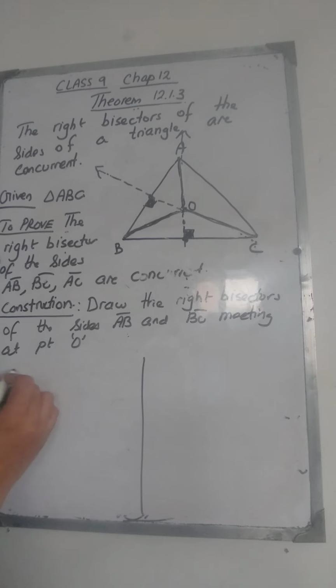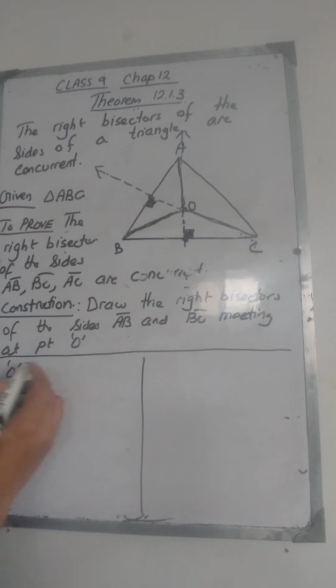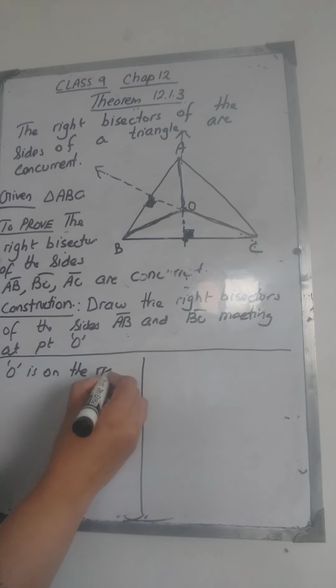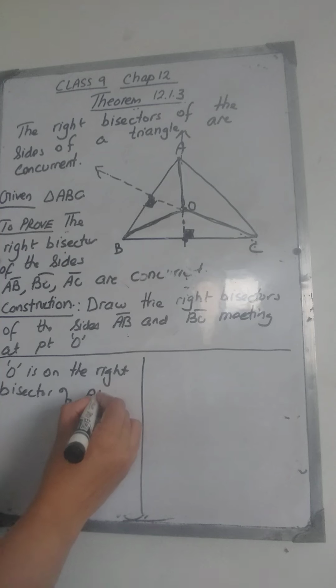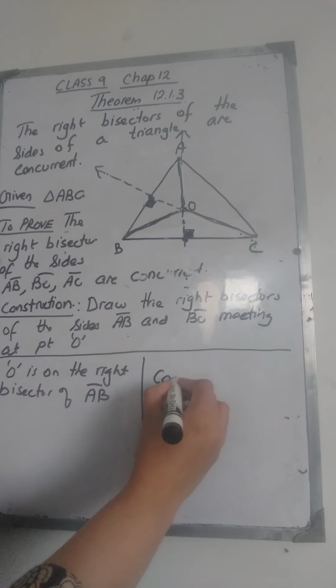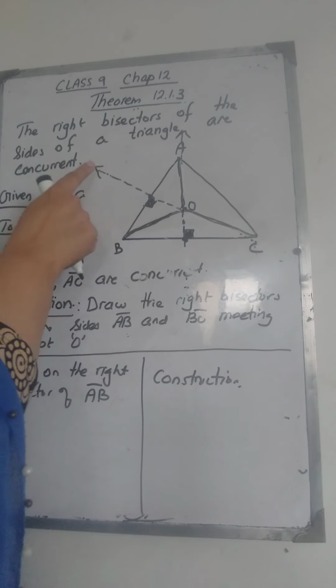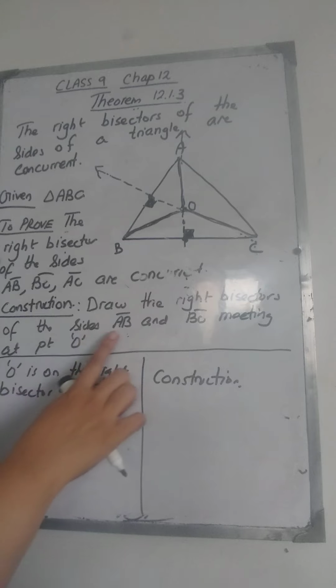So now we know that O is on the right bisector of AB. This is what we did in construction: we made the right bisector of the side AB.